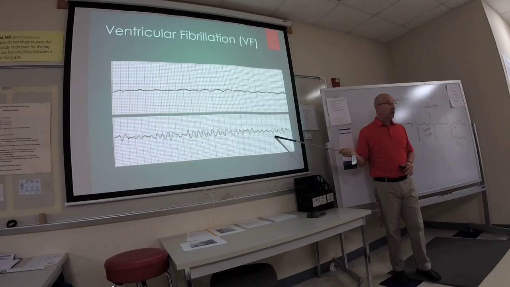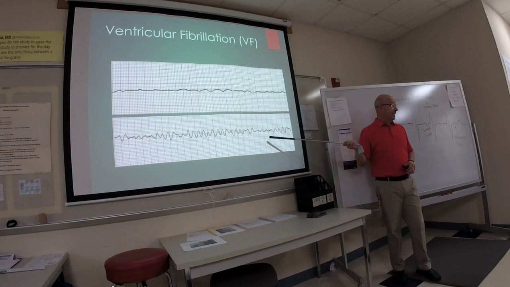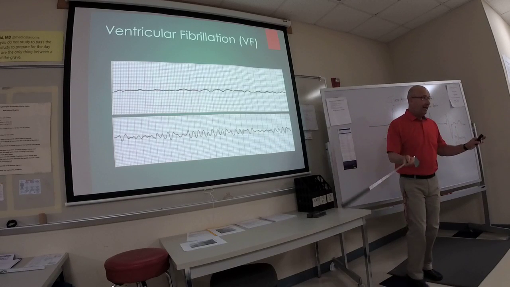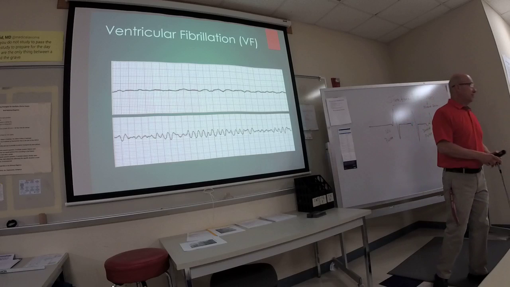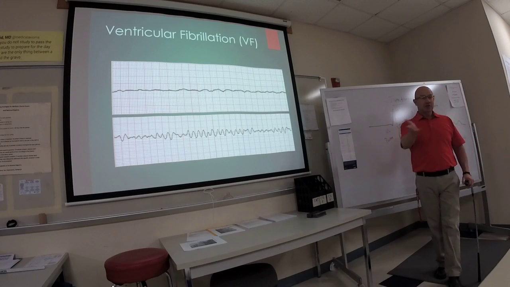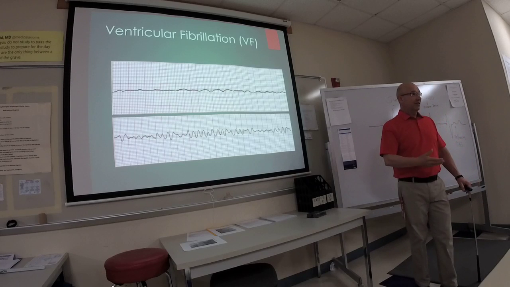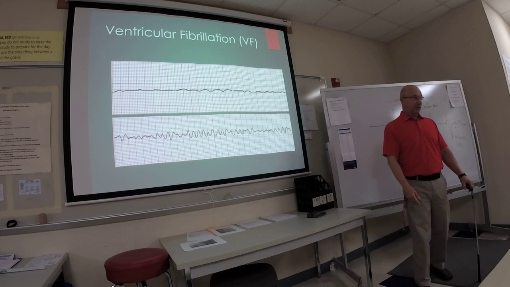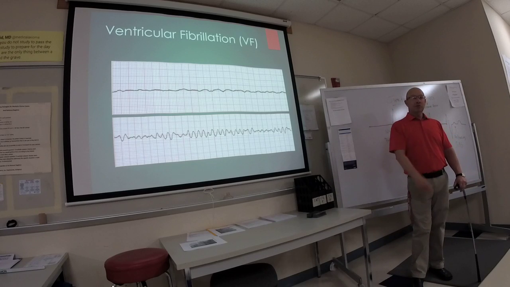You go back out and say, call a code. The patient's in V-fib. Okay? It can happen like that. The nurse leaves the room, you're waiting there for them because things are taking place, and there's nobody in there except you.